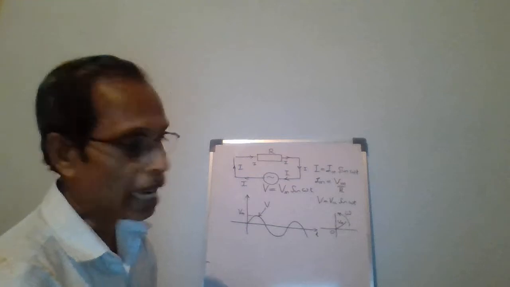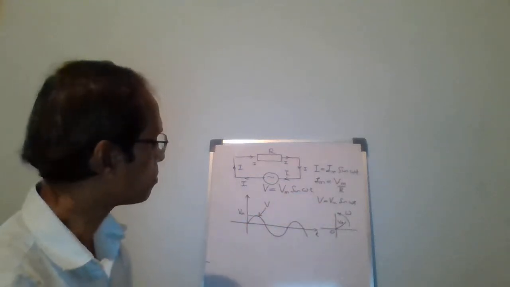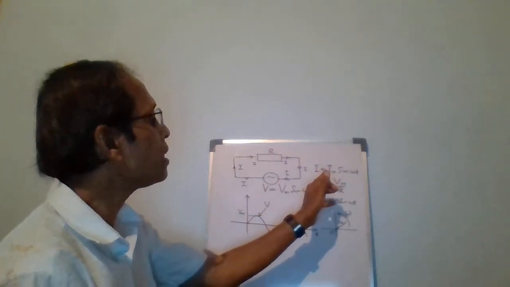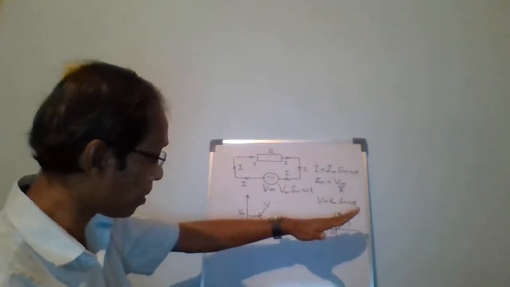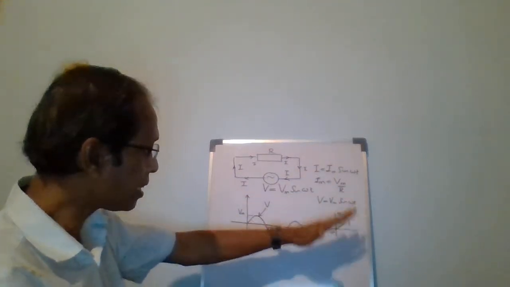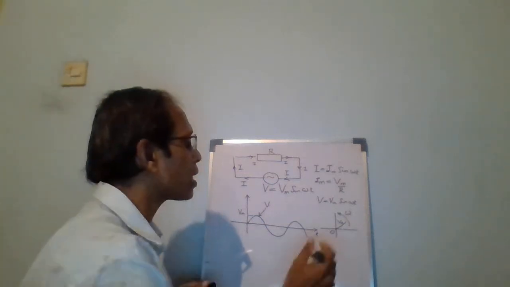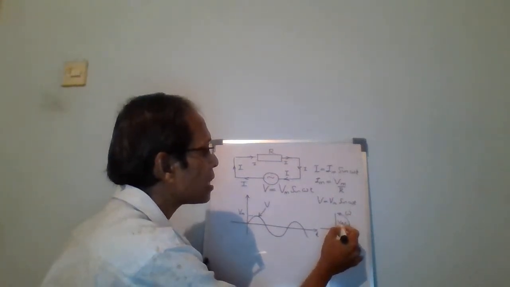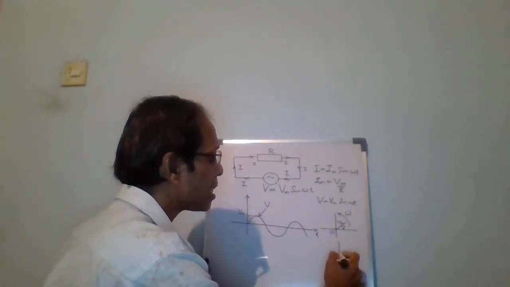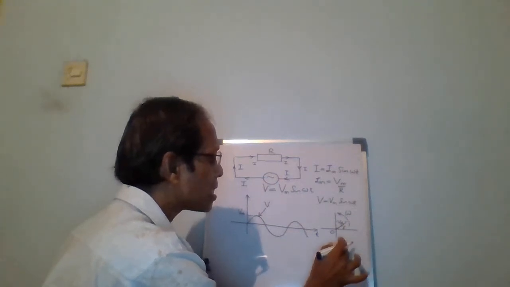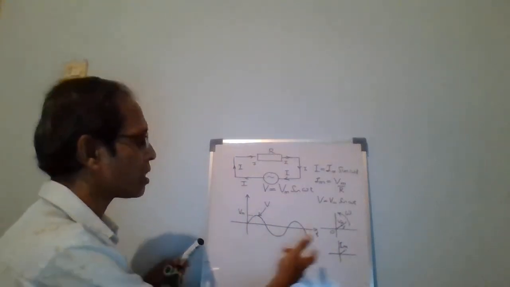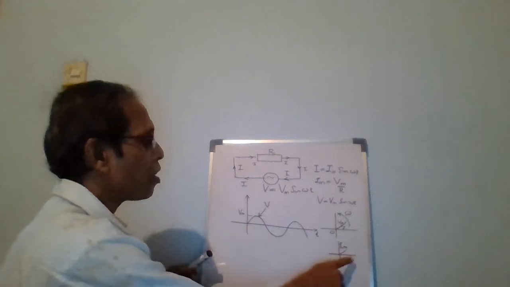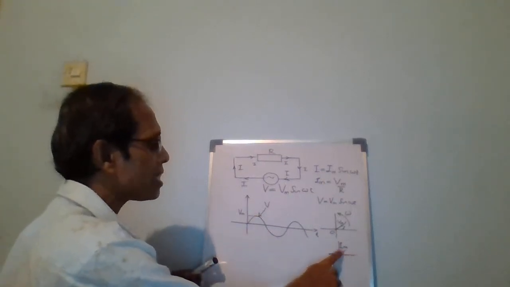Now we have I versus t on the same coordinate system. Its rotating vector is Im, so the rotating radius is Im, rotating like this. Say Im is smaller than Vm, you assume it. The same way we can plot when t is 0 here, when omega t is 90 here, when omega t is 180 here.